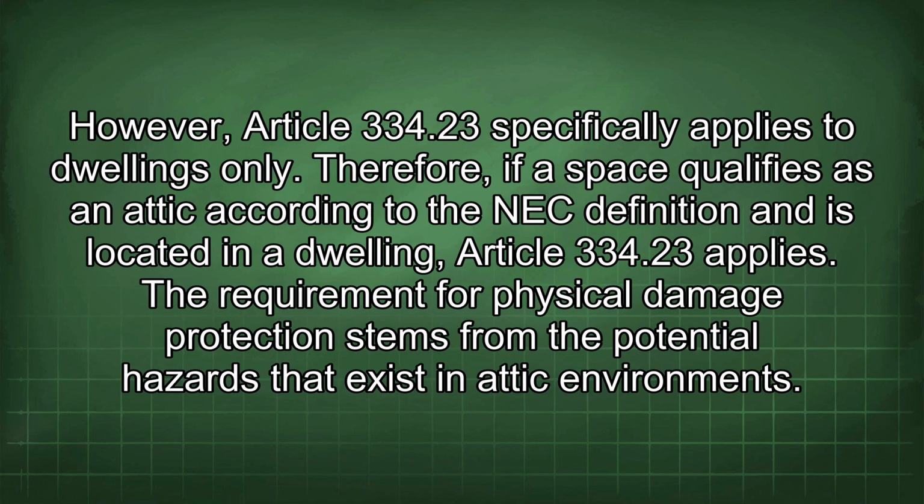However, Article 334.23 specifically applies to dwellings only. Therefore, if a space qualifies as an attic according to the NEC definition and is located in a dwelling, Article 334.23 applies.